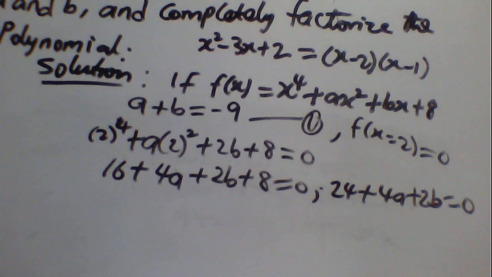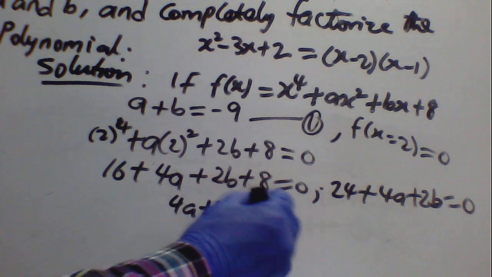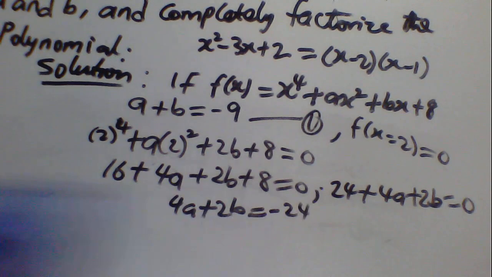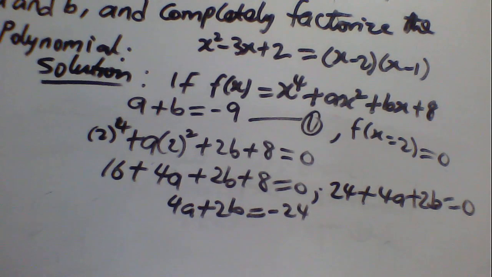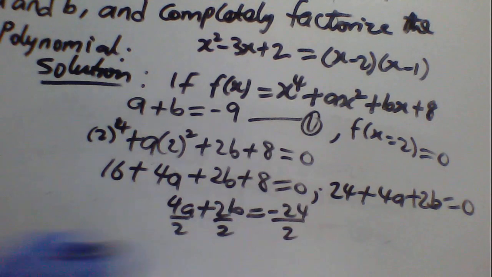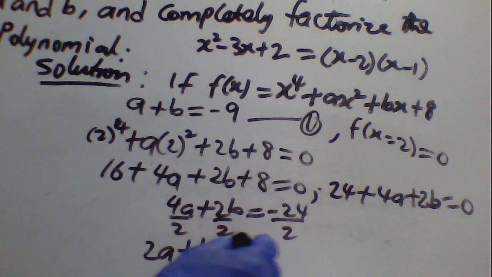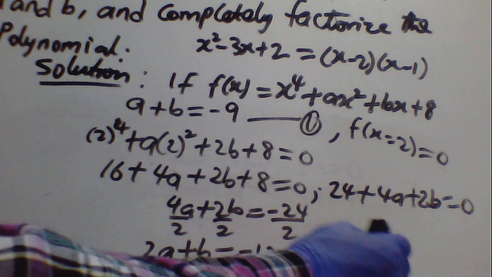Then in this case, rearrange the equation. We have 4a plus 2b is equal to minus 24. You can still simplify by dividing by 2, since 2 is a common factor. If you do that, you have 2a plus b is equal to minus 12. I can call this equation 2.